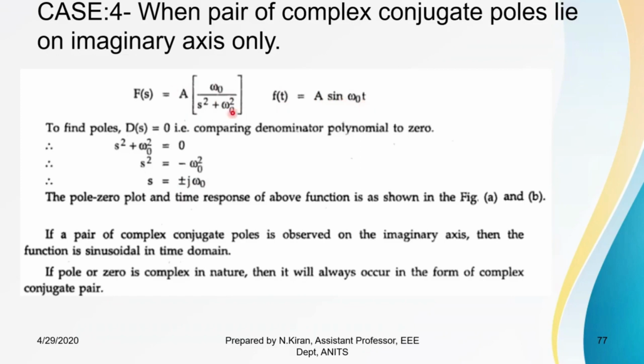That indicates that in time domain it is a sinusoidal function. So if a pair of complex conjugate poles are present on the imaginary axis, in time domain the response will be in sinusoidal form.